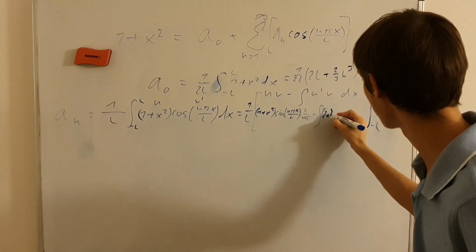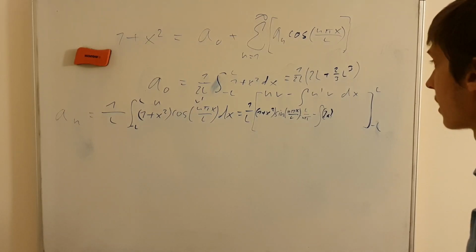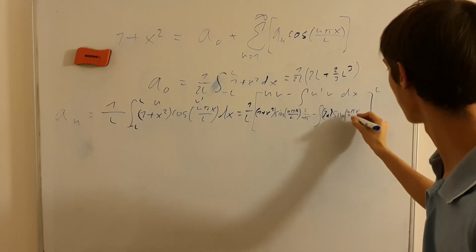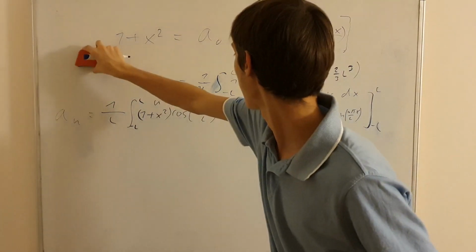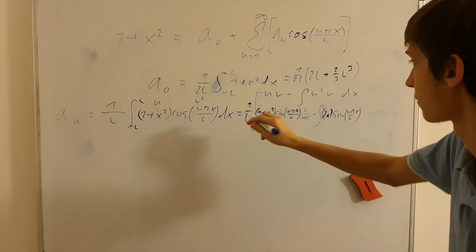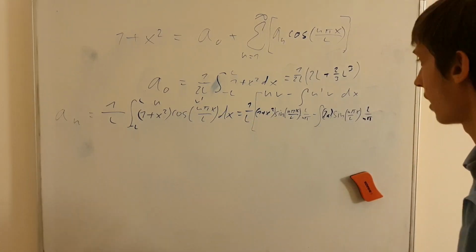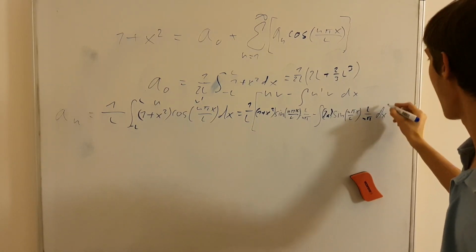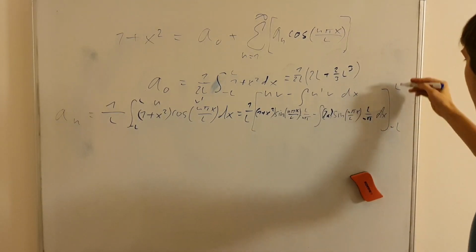And then multiplied by basically the same integral, so it is sine of n pi x over L, all of that multiplied by L over n pi. So actually I will move this further out, multiplied by L over n pi as follows. Alright, dx.